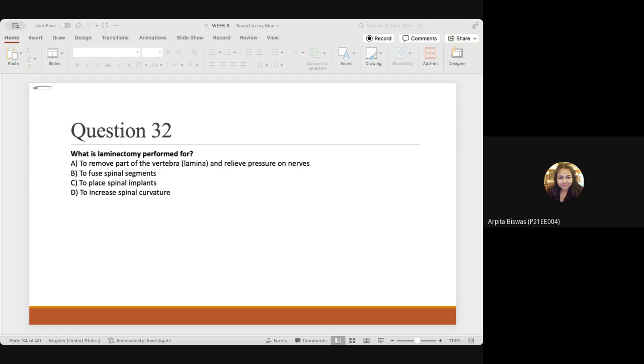The right option is option A, to remove part of the vertebra or lamina and relieve pressure on nerves.